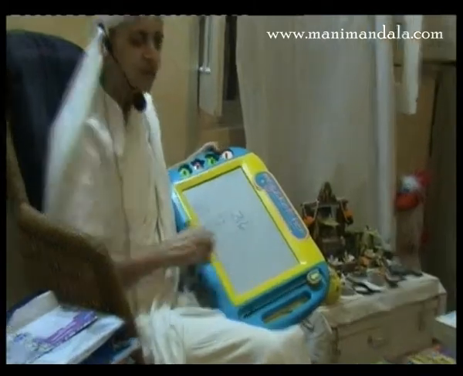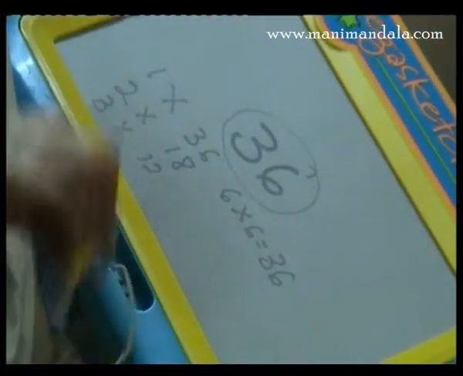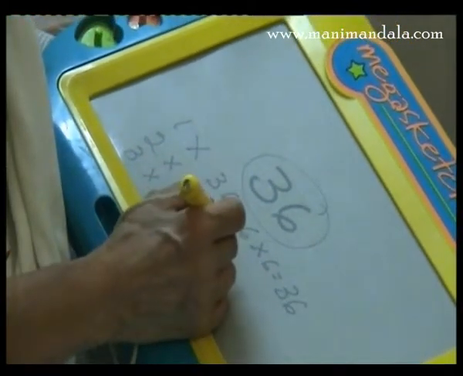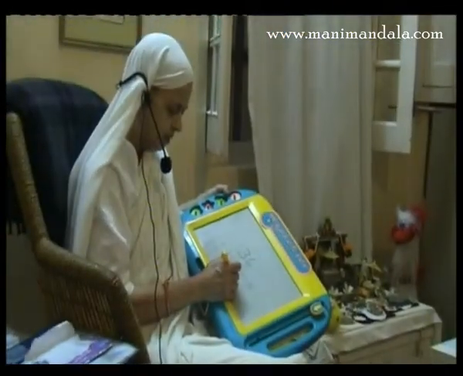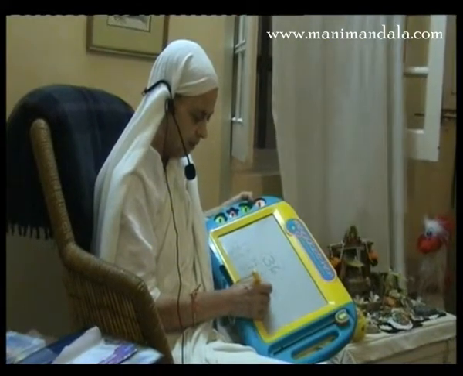I have a fixed number of muffins, 3 dozen, right? If 12 people show up, then everybody gets 3.